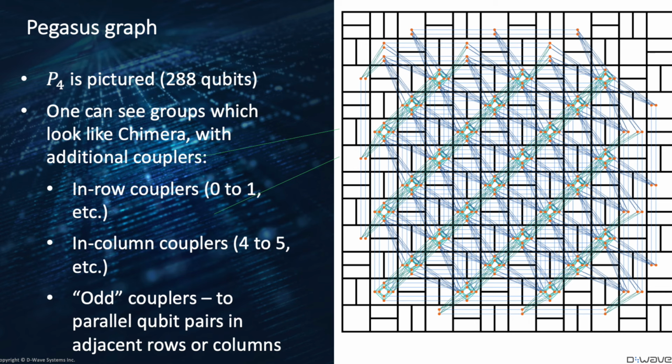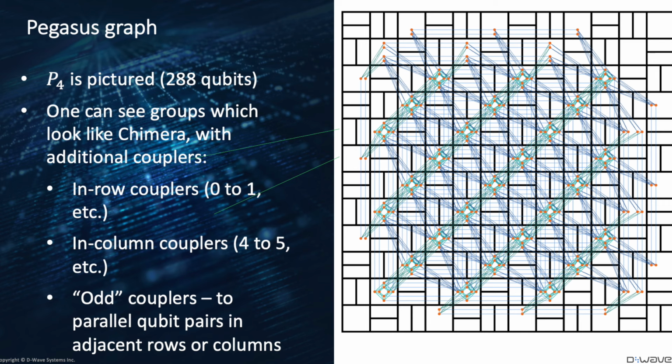There are basically now additional couplers inside the rows between what used to be 0, 1, 2, 3, and inside the column between what used to be 4, 5, 6, and 7. And there are also what are called odd couplers, which are parallel qubit pairs in adjacent rows or columns. So if you look across the top, you'll see that there are two by themselves. See that? And they're connected to two more across the top, and likewise across the right and the bottom and the left.